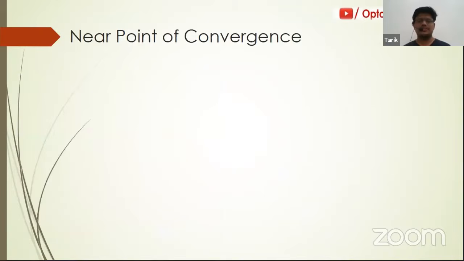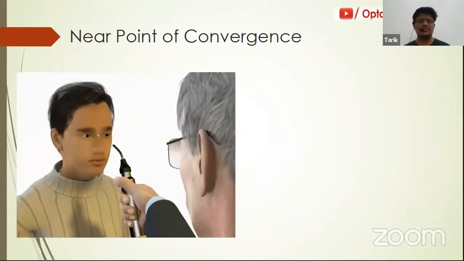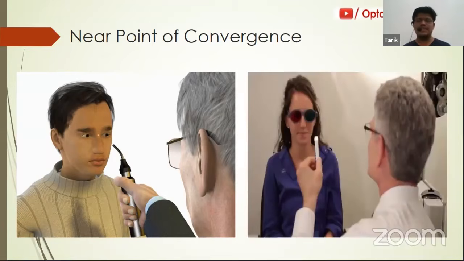Next is your near point of convergence. I hope everyone knows this very clearly. One technique which we generally use is using an accommodative or non-accommodative target. So you show a pencil or a pen or the tip of a pen. Many times we use a small torchlight and ask the patient to say the moment it gets double. Now there is a difference between this and this test. This is called the PLRG, that is the pen light and red green test.